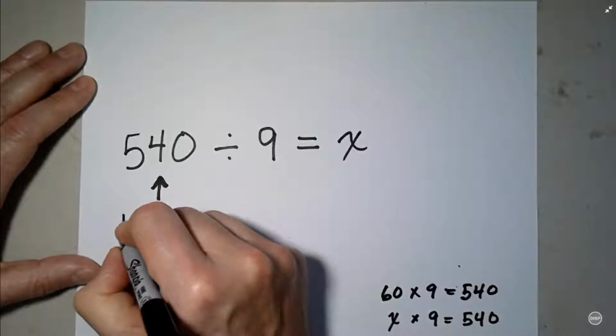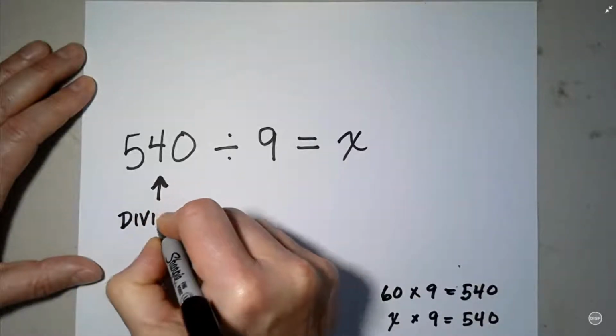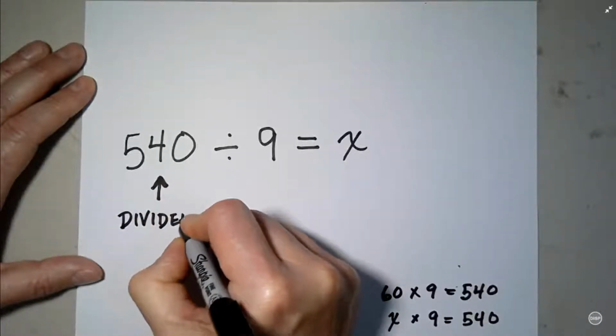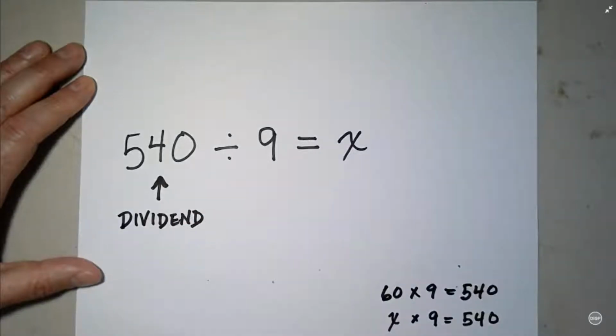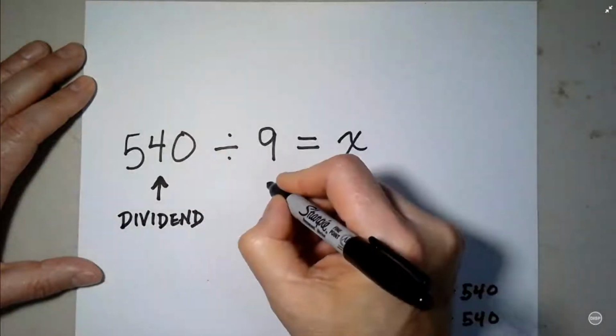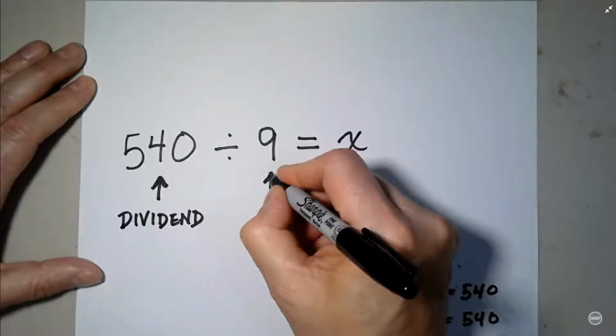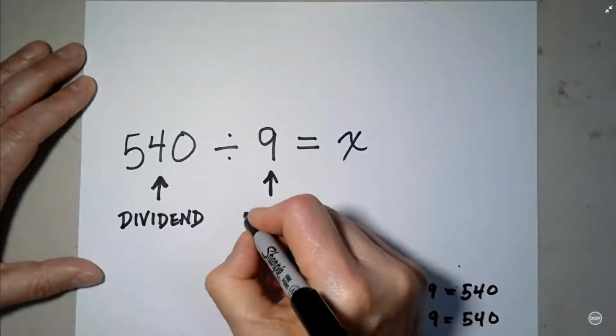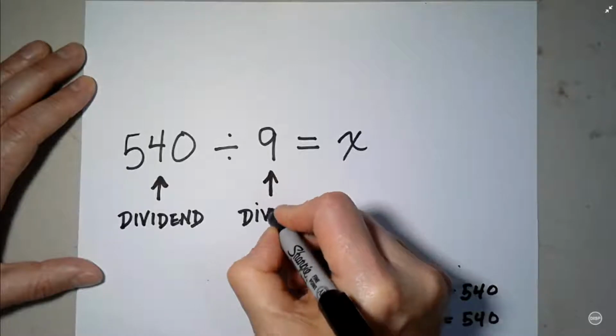But this number is called the dividend. And this number, the 9, is the divisor.